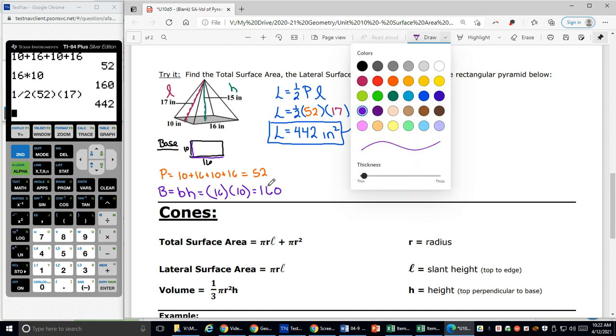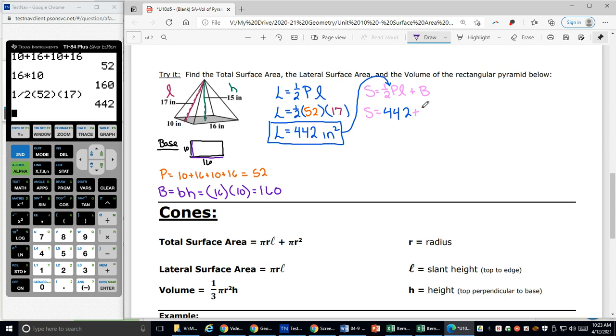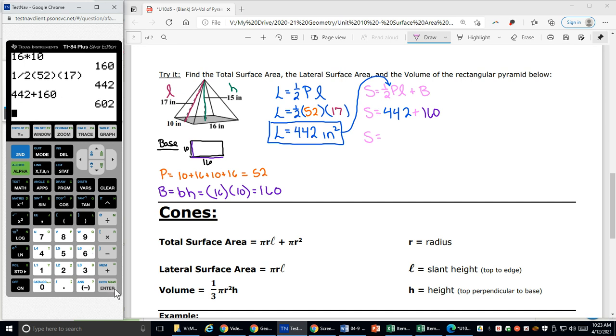The base is 160. All I have to do then to get my total surface area S is say 442 plus 160. That gives me 602 square inches for my total surface area.